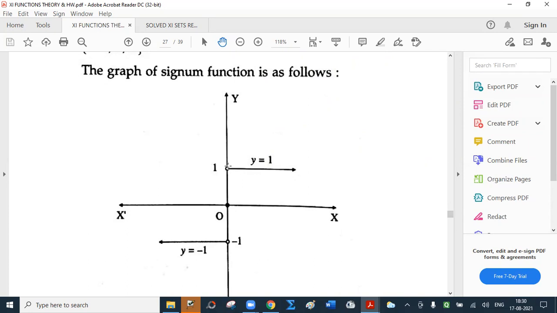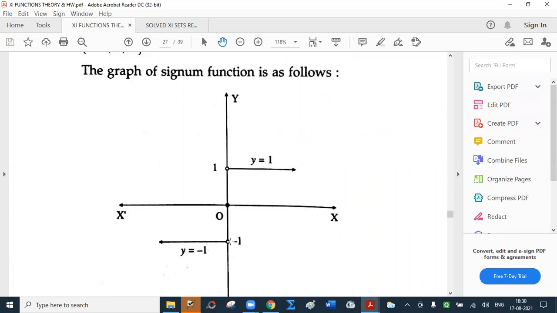For the simple reason, when x is 0, y is not 1. Y is 0 only. That is why the origin lies on the graph. Okay. If x is on the negative x-axis, whatever may be the negative value of x, y is always minus 1. Why? It is defined like that only. And therefore, y equal to minus 1.